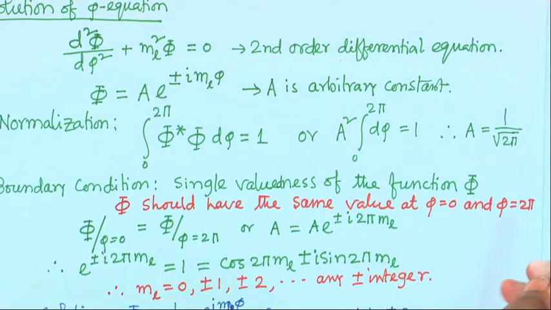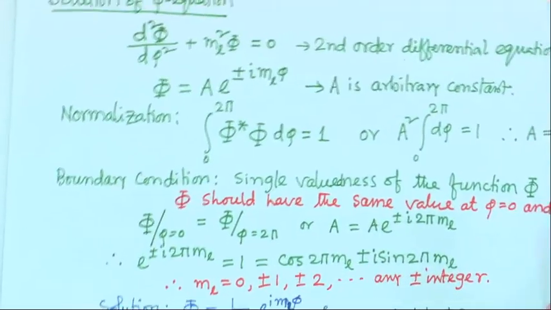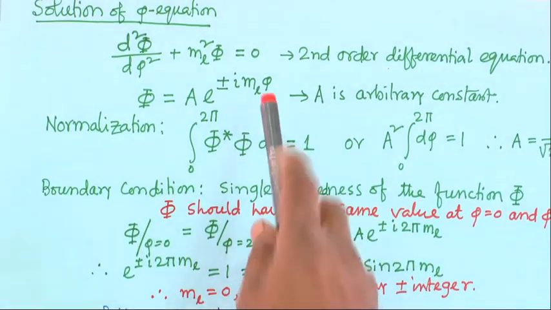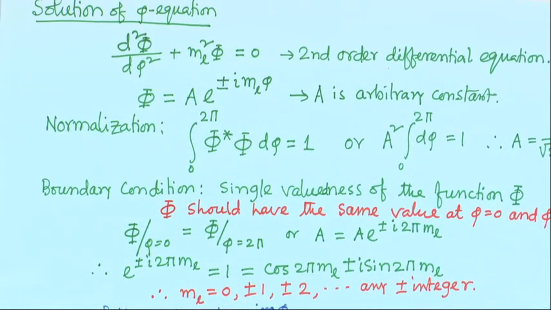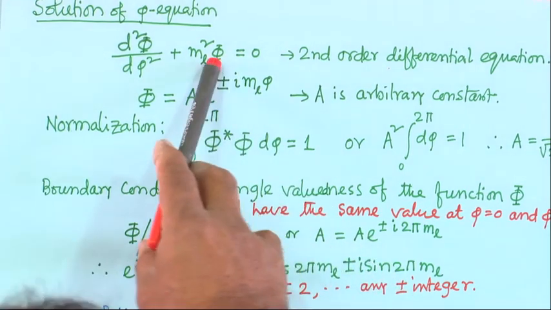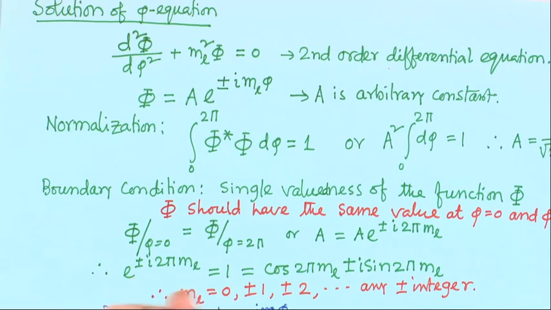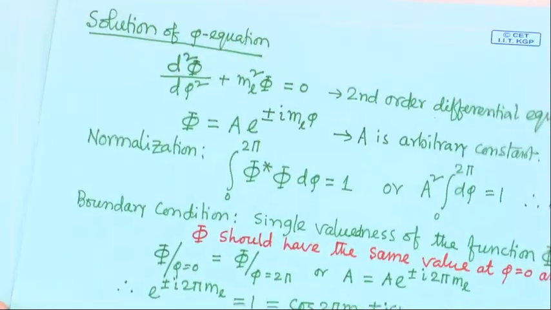Here you can see there is one constant m_l that has come during the separation of variable method. From the boundary condition one can show that m_l can take values from minus L to plus L, and L has come from the theta equation.